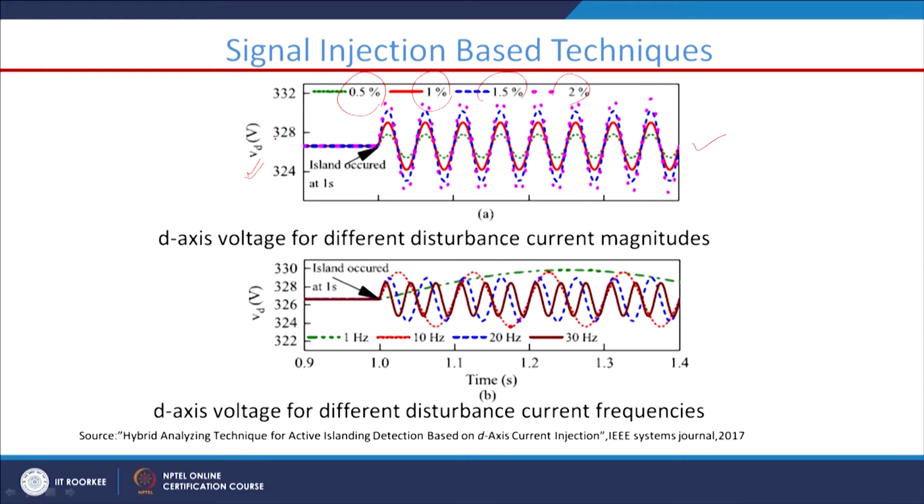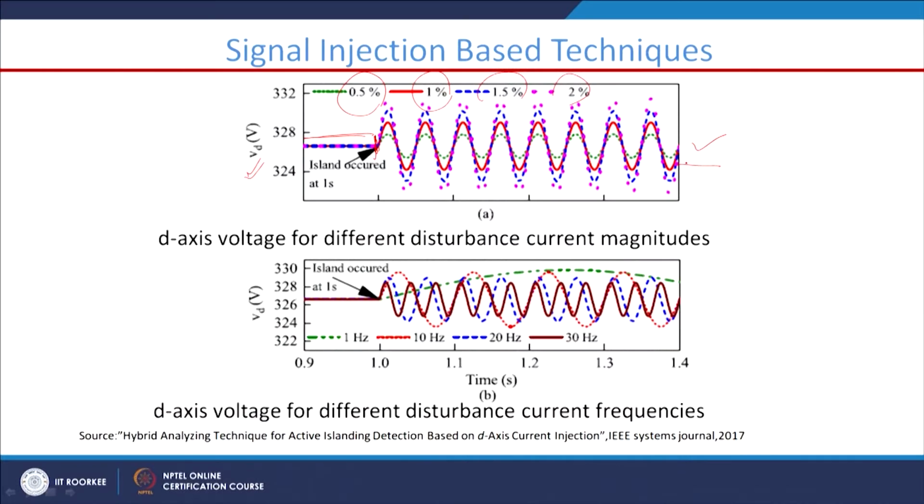This Vd looks like this. After islanding, you can see here that up to islanding the signal is almost constant, it is steady, there is no variation, but after islanding the signal is going to oscillate with the frequency at which we have injected, 30 hertz, 20 hertz, or we can go beyond our fundamental frequency, say 70 hertz or 80 hertz. So, if we can trace and track this oscillation, then we can always say there is some islanding situation.